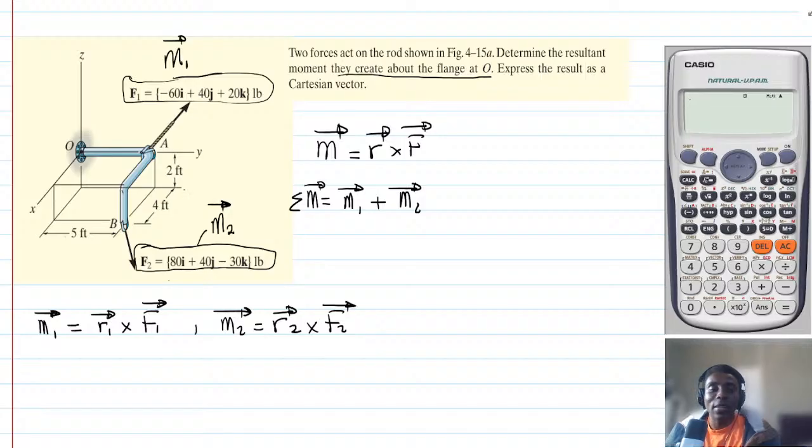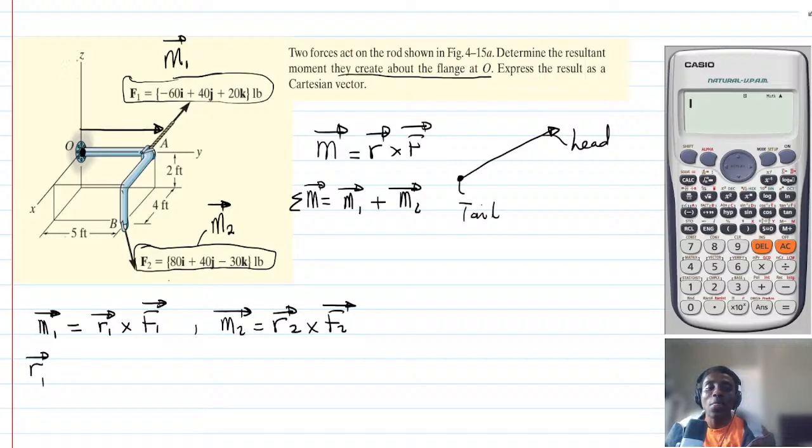So let's look at R1. When we say vector R1, it simply means walk from the origin, okay, so this is the origin, till you get to the tail of the force. Whenever you have a force, this is the tail and this is the head, like a vector.